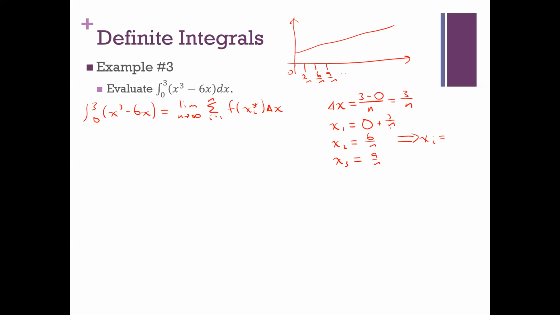So is there a way I can draw a map between, if I give you an I value, can you tell me what the x value is? I times what? I times delta x, or in this case, I times 3 over n. So whatever the I value is, you move to the right that many delta x points. Maybe it is helpful to think about it as both I times 3 over n and I times delta x.